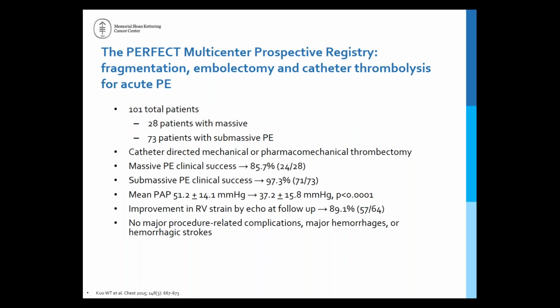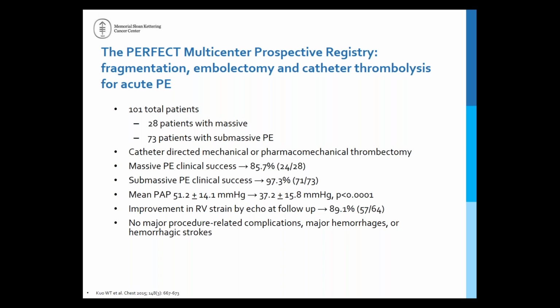So the PERFECT trial was a trial where they looked at 101 patients. 28 patients had massive PE, and the rest had submassive PE. They looked at catheter-directed mechanical or pharmacomechanical thrombectomy, and they saw that the clinical success rate is very high, above 85%, and in massive cases is 97%, which is great.